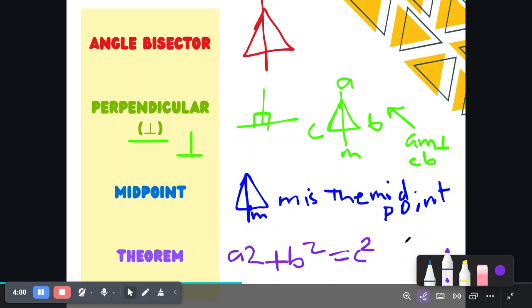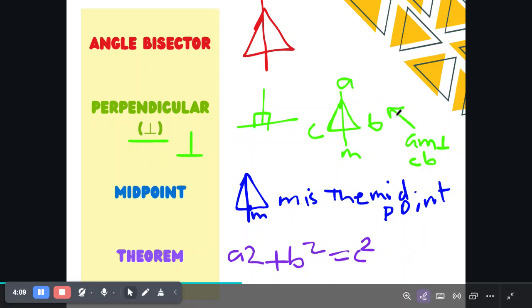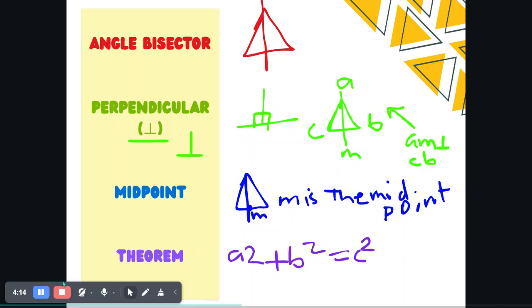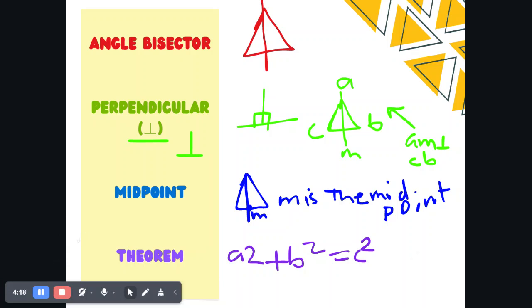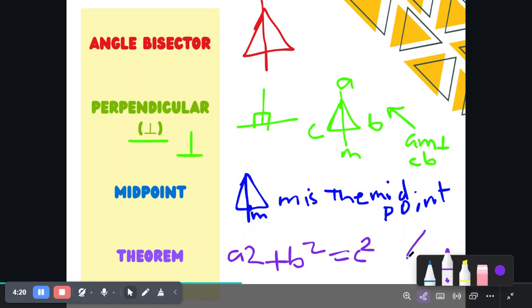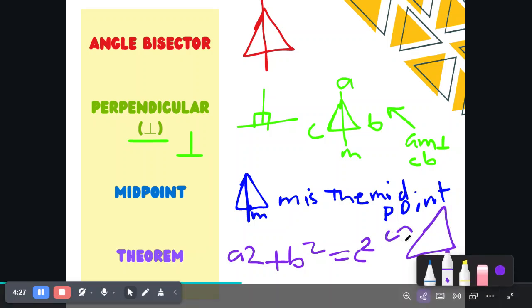That's an example of a theorem because we know that if a squared plus b squared is equal to c squared, the triangle is a right triangle, and we can find the hypotenuse and the other sides. Say this would be C A B. Okay, so moving on.